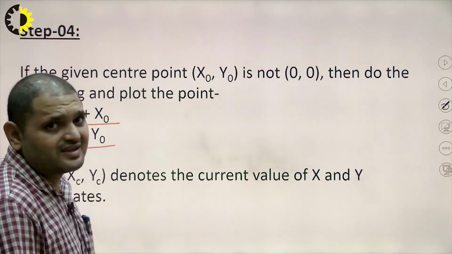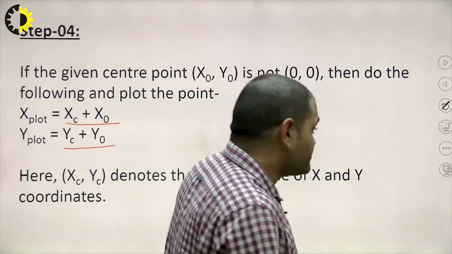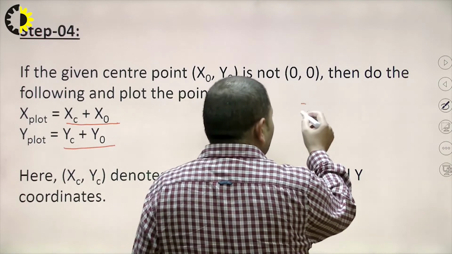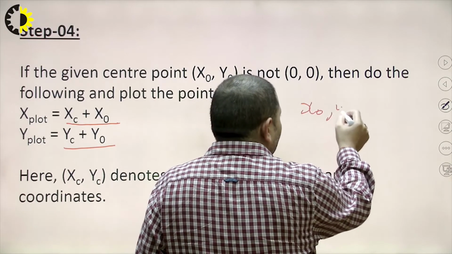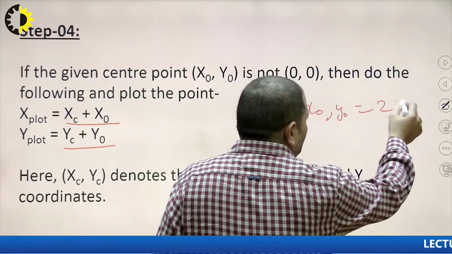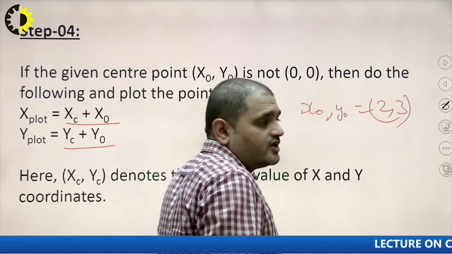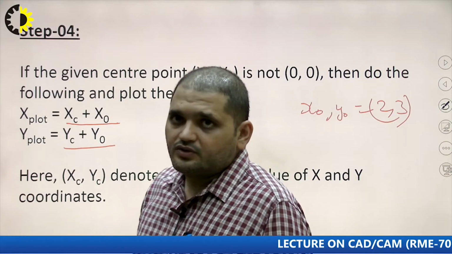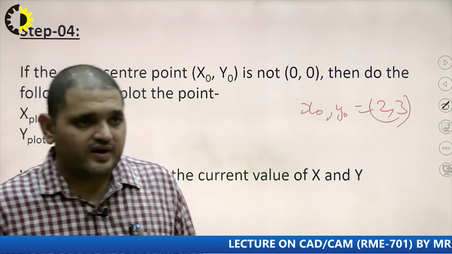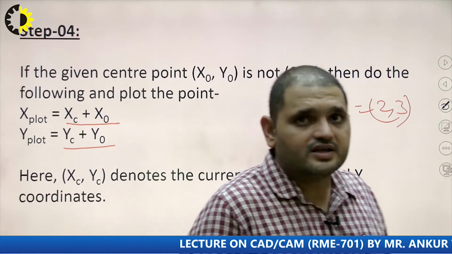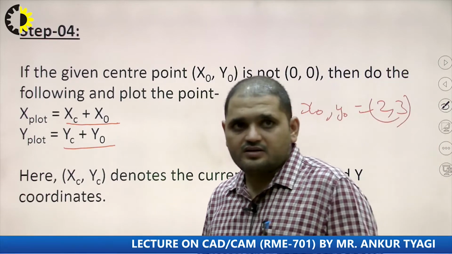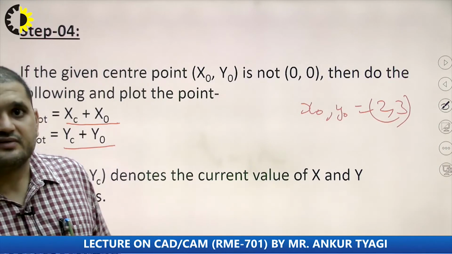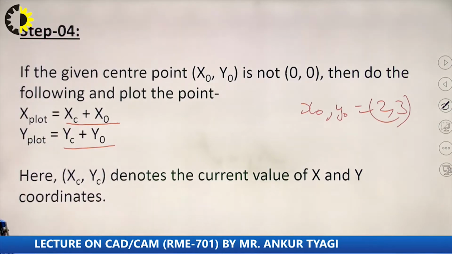If x0 y0 given is 2 comma 3, then in that scenario we will add 2 and 3 to each and every point which you have found using this algorithm, to find the actual intermediate points of a circle. Okay. So here xc and yc denote the current values of the x and y coordinates.